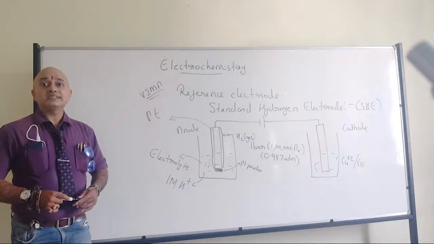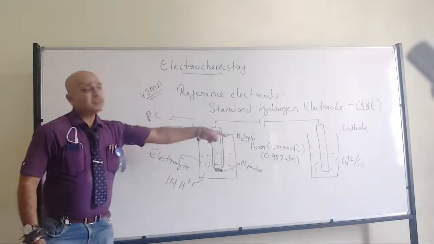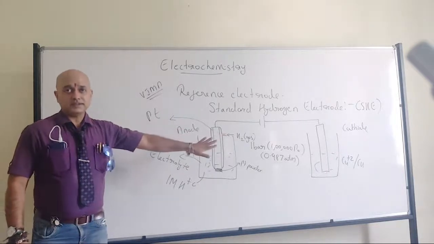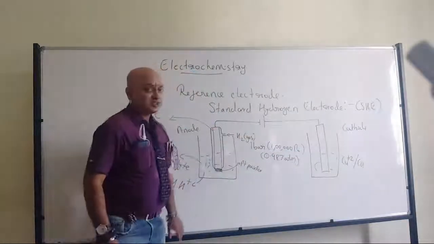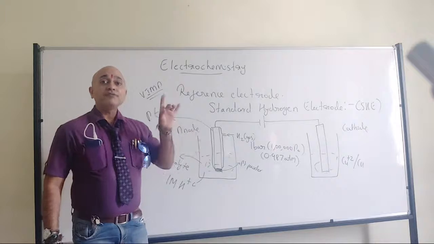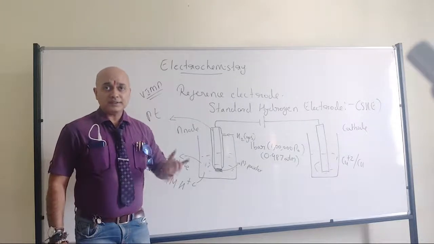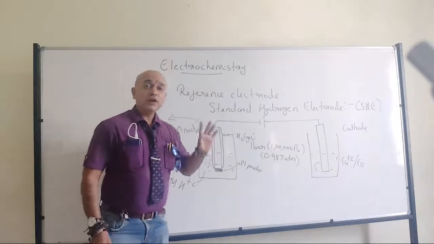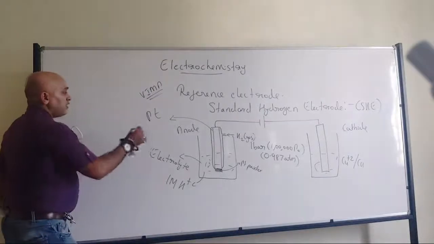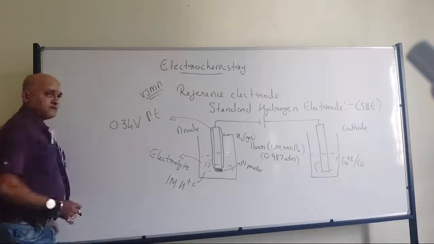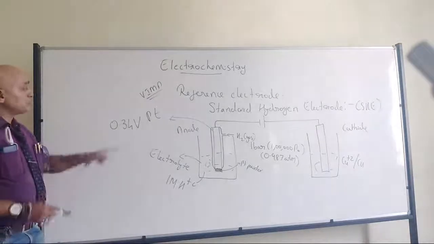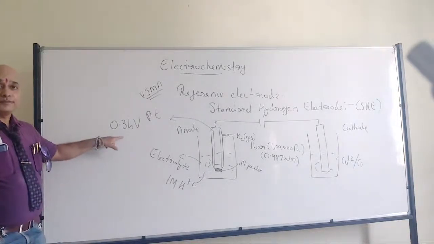The whole cell is ready. One half cell with another half cell. Now it is complete. Okay? Now, whenever they are connected with each other, they will find out the value in voltmeter. That means they got the value of somewhere around 0.34 volt. That's where they came to the conclusion for this particular value.